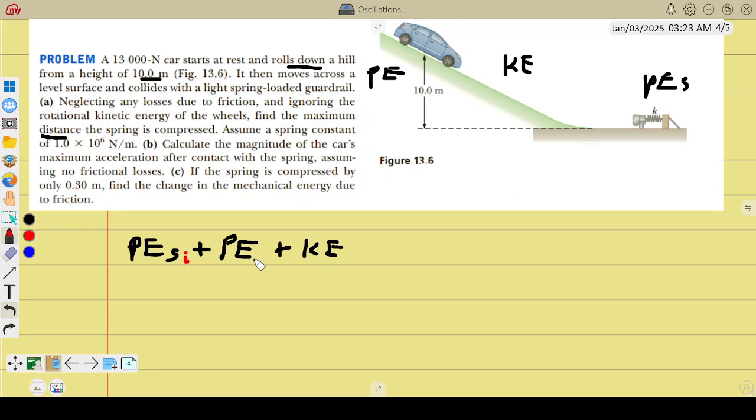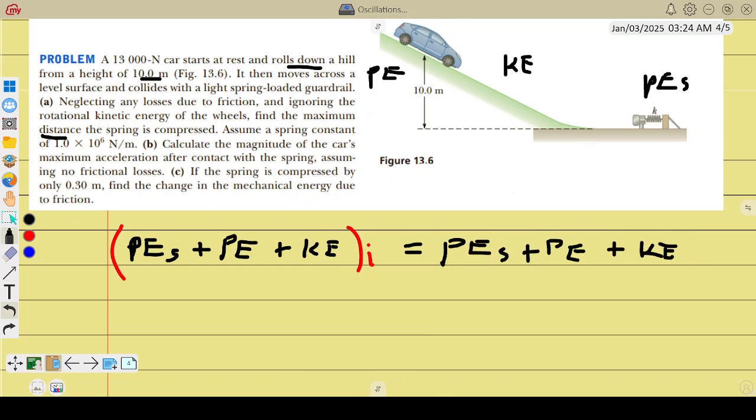Instead of writing initial, you can simply put everything in brackets and write initial outside. So the initials, according to the conservation of energy, are equal to the finals: the final elastic energy, the final potential energy, and the final kinetic energy. These are equal.